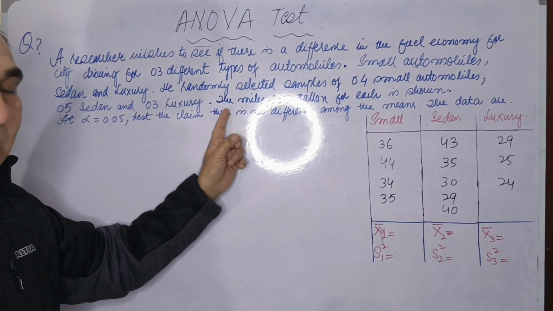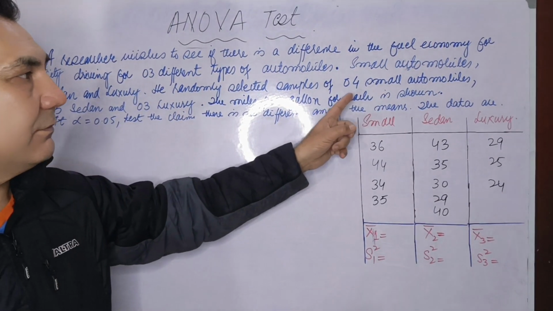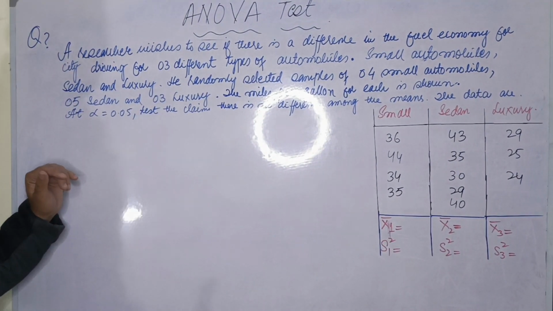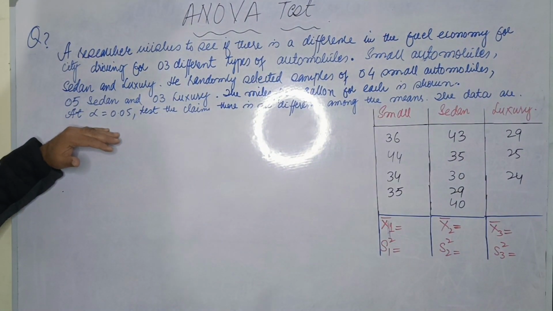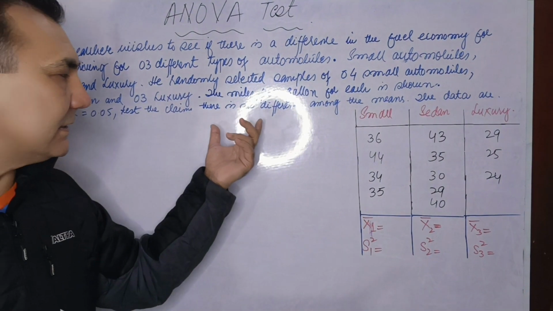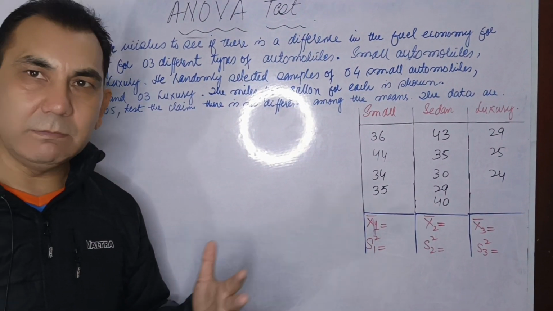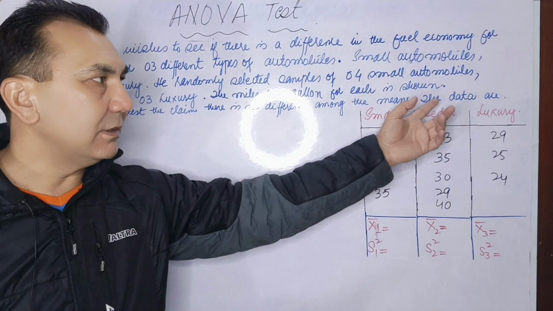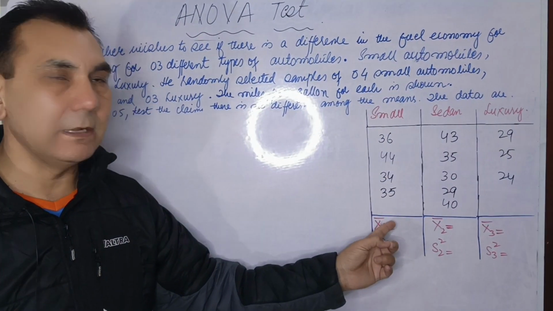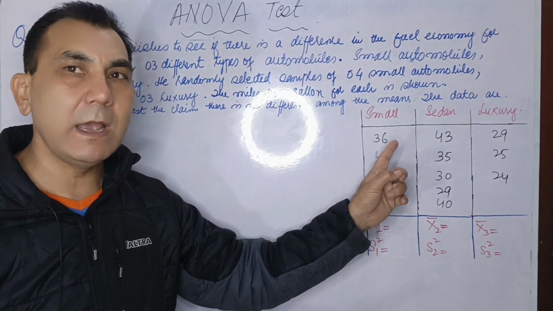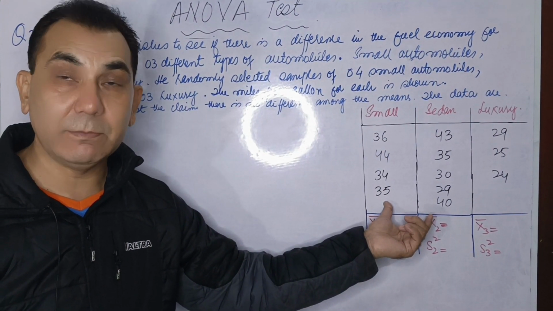The miles per gallon for each is shown in the given table. At the alpha level of 0.05, meaning 5%, test the claim. He wants to test the claim that there is no difference among the mean mileage per gallon of each automobile given here in the table.